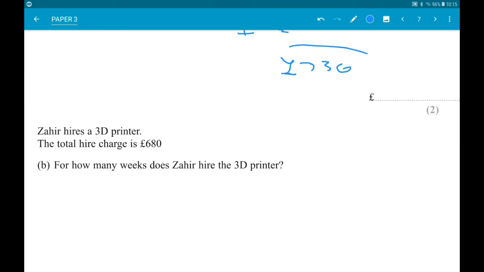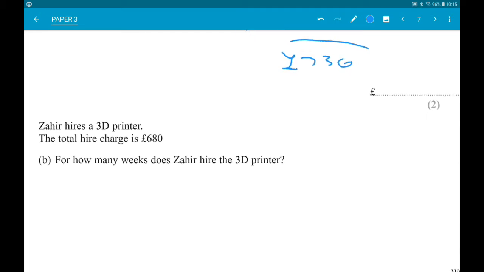Okay, then for part B, Zahir hires a 3D printer. His total hire charge is £680. For how many weeks did Zahir hire the 3D printer? So let's say the number of weeks is n.